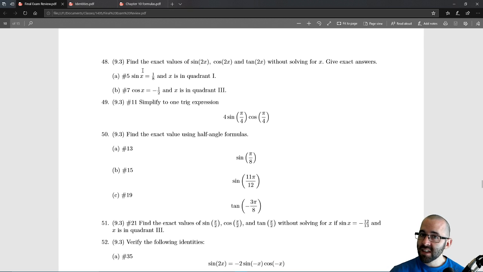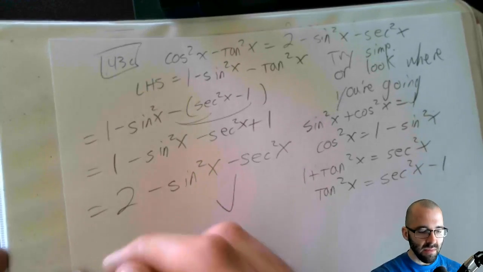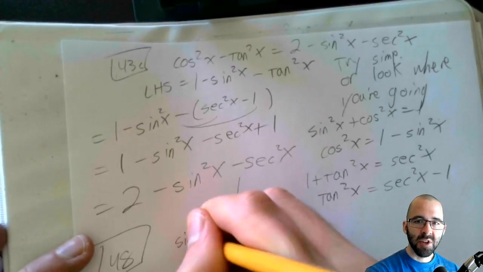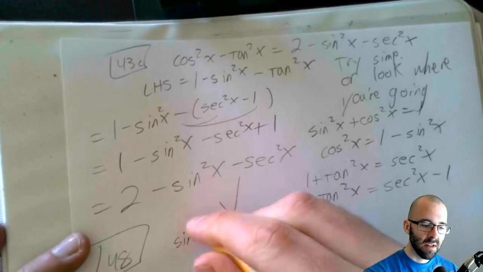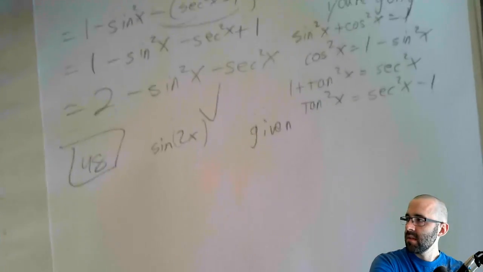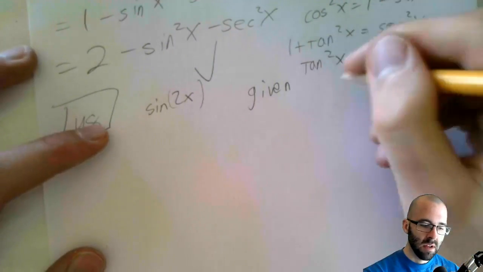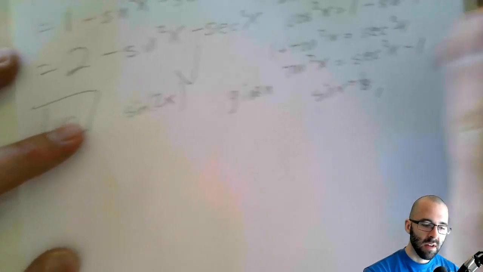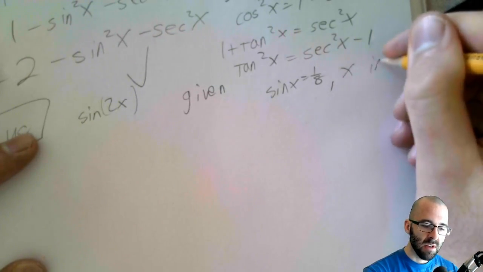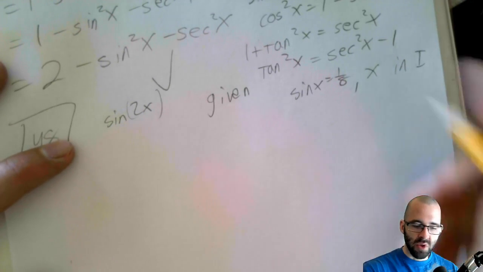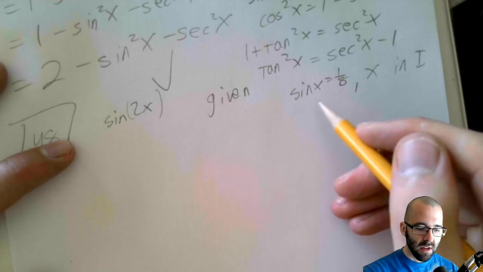And remember, sine of x being 1/8 does not mean we just plug it in. For 48, we need to find what sine of 2x is, given that sine of x is 1/8 and x is in the first quadrant. You do not plug in 1/8.